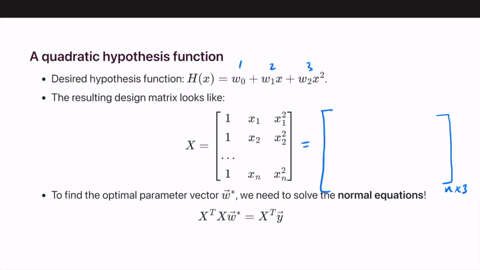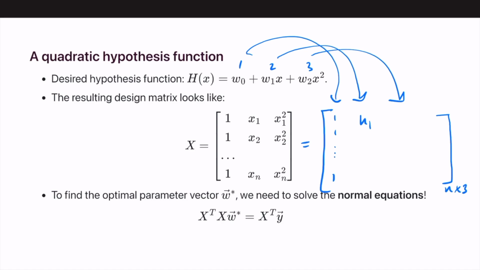The first column will just be a series of 1s, the second will be horsepower 1, horsepower 2, up to horsepower n, and the third will be the squared features: horsepower 1 squared, horsepower 2 squared, horsepower n squared. Notice they really are squared, so it really is an exponent.